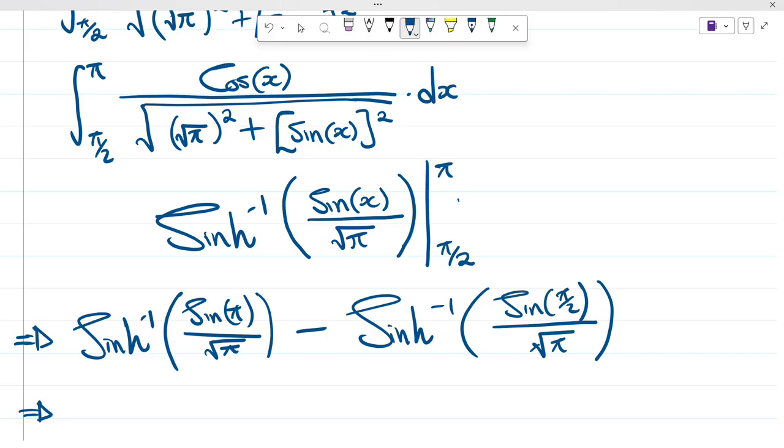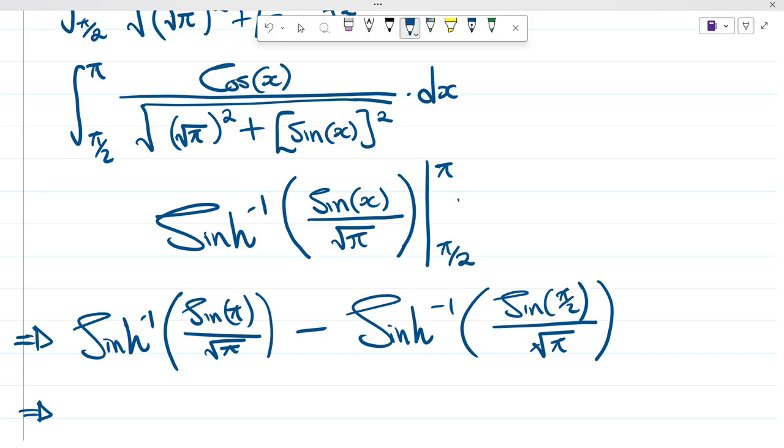So sine pi shift pi over square root of shift pi, and then minus. Remember, for you to be able to punch inverse hyperbolic function, you need to press HYP, just under x squared on your calculator. So that's how you're gonna punch it. So shift pi over 2 and then divided by square root of shift pi.